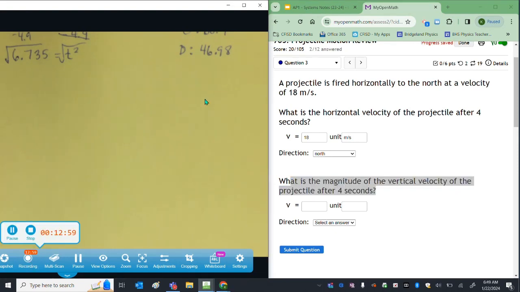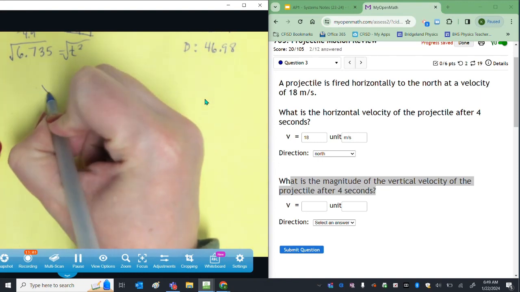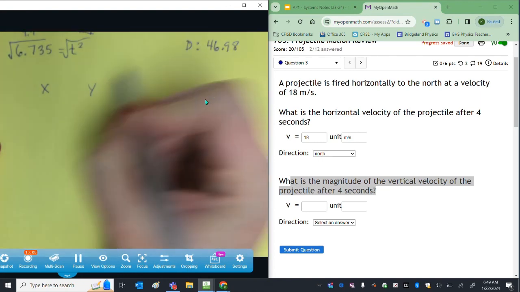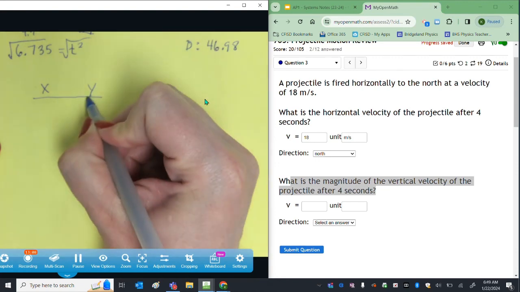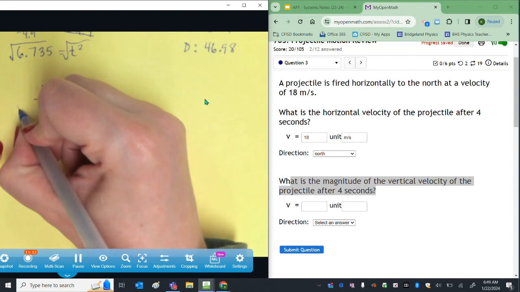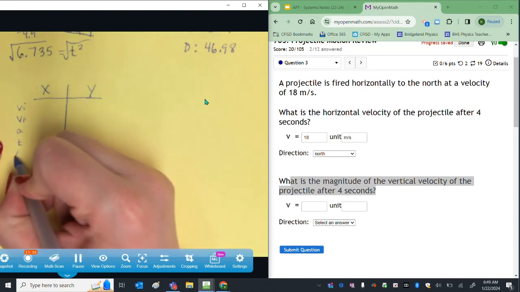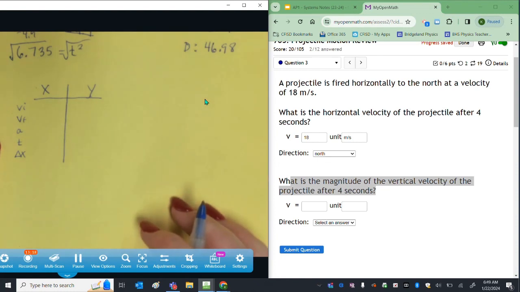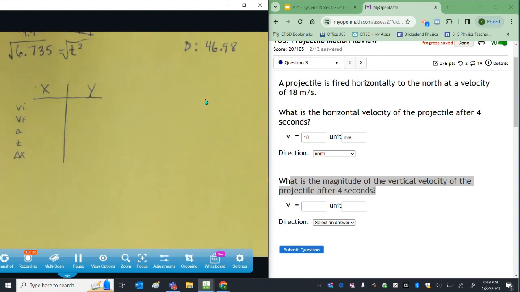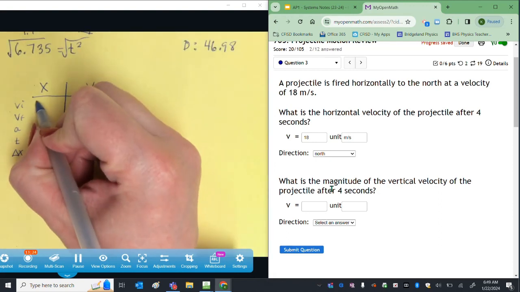So if we want to set this up, again, we're going to need to keep our horizontal and our vertical directions separate. So I'm going to make myself a little T-chart for x and y. And I'm going to be labeling my initial velocity, final velocity, acceleration, time, and displacement in this little table. This particular projectile I know is fired horizontally with an initial velocity of 18.